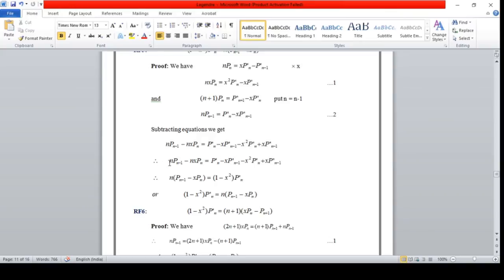And second step, this is n Pn minus 1 minus nx Pn is equal to P dash n minus x P dash n minus 1 minus x square P dash n minus and plus this. Same step.